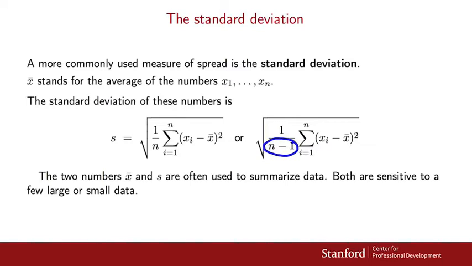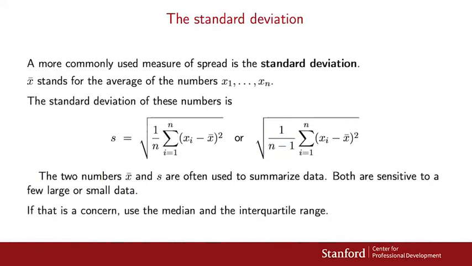Both can be sensitive to a few large or small data, just as we saw in the example before. So if you're worried about that, for example, if the histogram is very skewed, then it may be better to use the median and the interquartile range. Of course, one problem is that many people don't know what the median and the interquartile range is, so you may have to explain that.